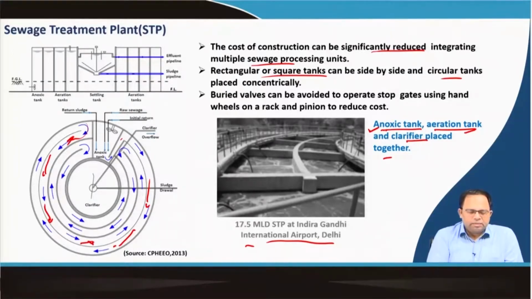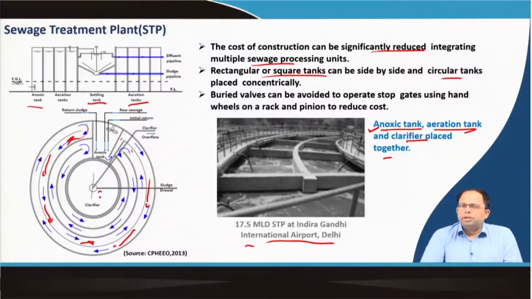You can see that this is where the water is moving, and once it comes to the center, this is the clarifier where all the sludge is gathered, and then we get rid of that. We can do aeration along this process as well. So these are the aeration tanks, in between is the settling tank, and at the beginning is the anoxic tank. All these different tanks are put together and we get an overall compact treatment unit, right?